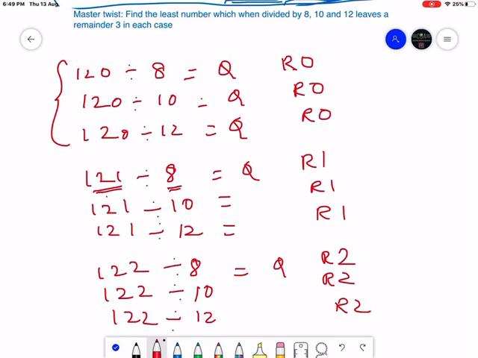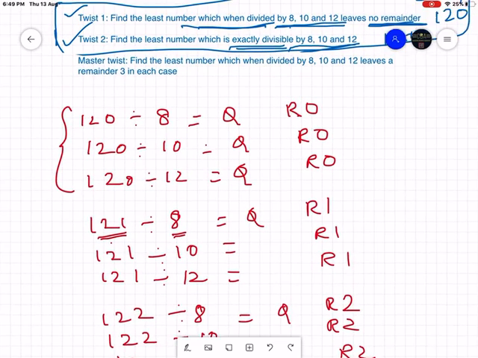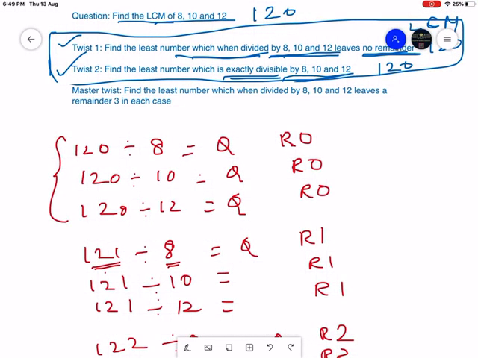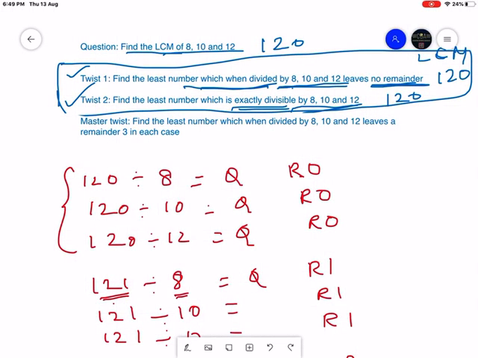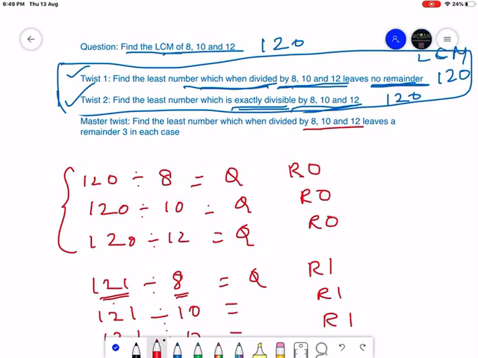So now let's go to our master twist question. What is our master twist question? Our master twist question says, find the least number which when divided by 8, 10 and 12 leaves a remainder 3 in each case.